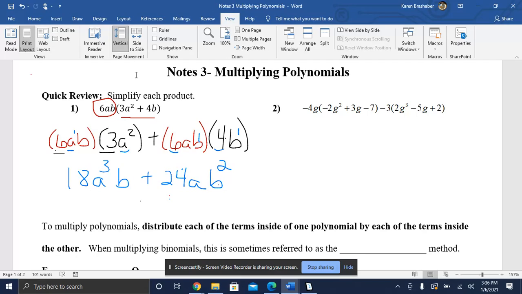Our second review problem is going to have a couple of parts to it. So first we'll take negative 4g and multiply that by distributing.